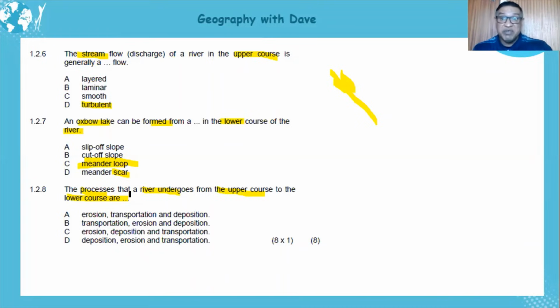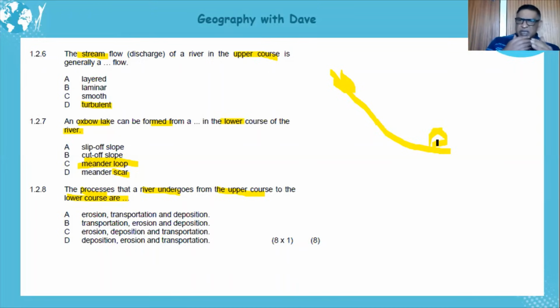Now we know the river is cutting. Okay, first, there's a lot of vertical erosion in the upper course. Then, of course, we will get erosion in the middle course. But there'll also be a lot of transportation due to the volume of water. And we know the dominant activity in the lower course is deposition. So that's how we work out to get the most correct answer.